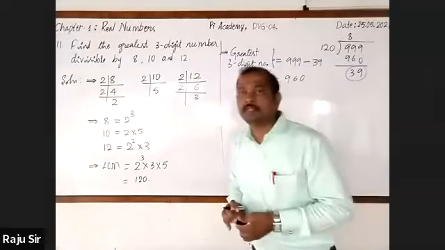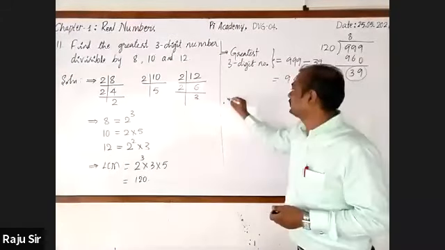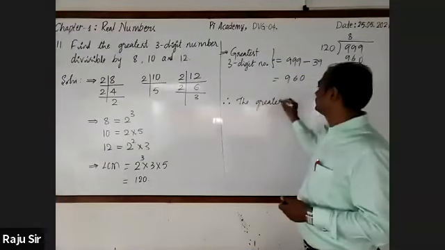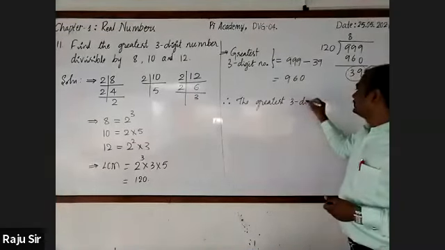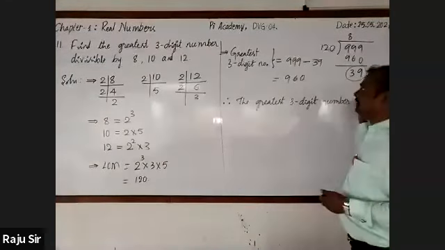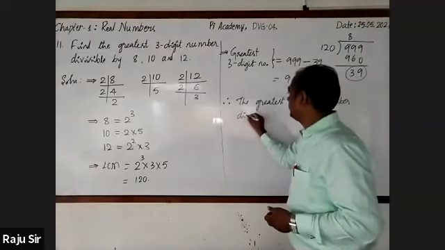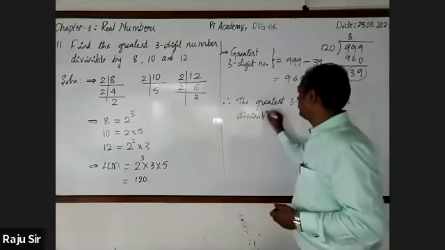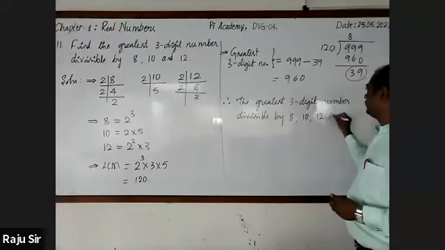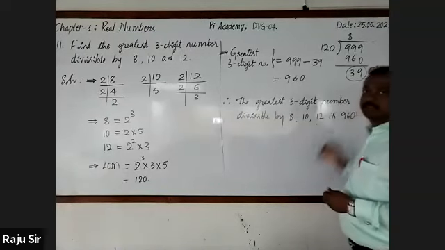Yes, Pratibha, you are right. Right on the conclusion. Therefore, the greatest three-digit number divisible by 8, 10, 12 is 960.